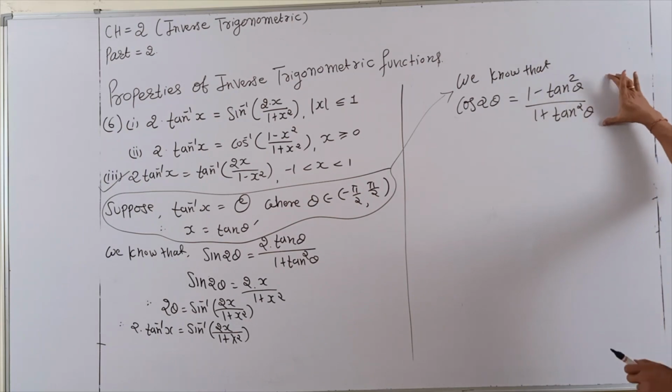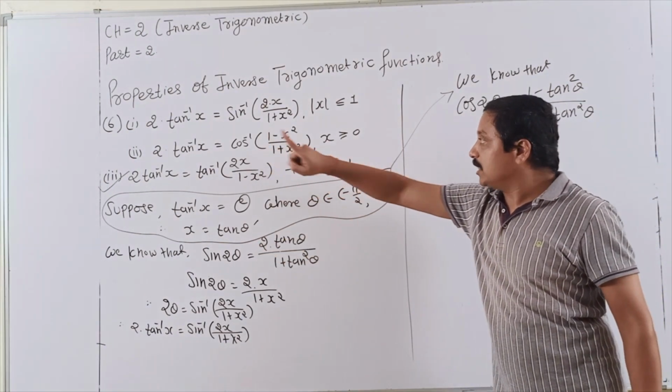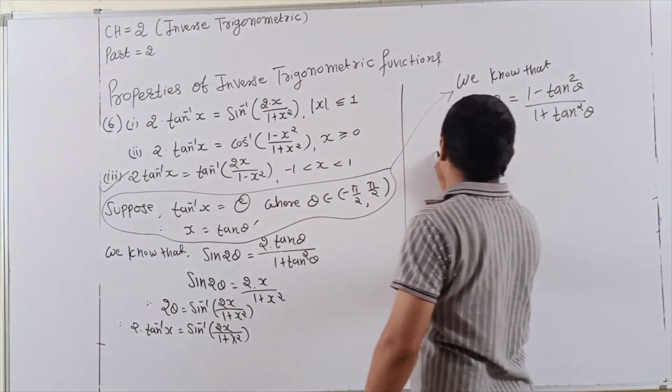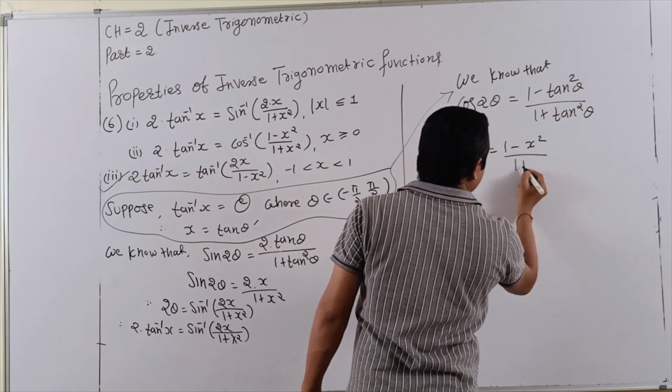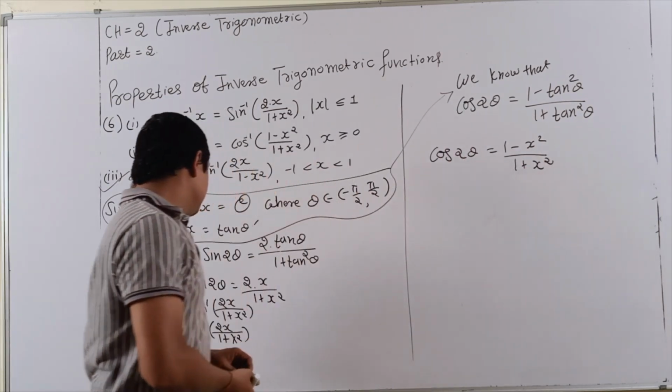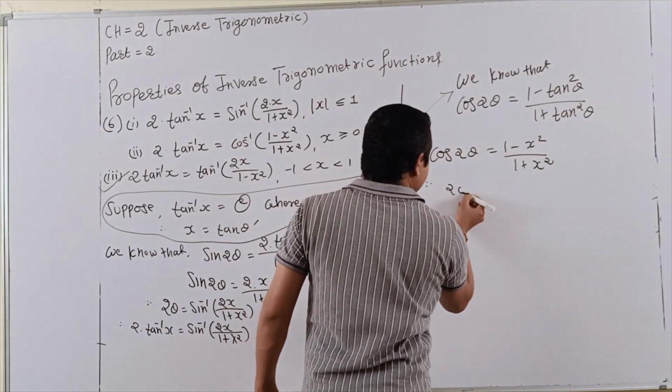And for tan theta, just put in your value, already x you assumed, and this answer is done here. So cos 2 theta is 1 minus x square divided by 1 plus x square, and that way your proof is done.